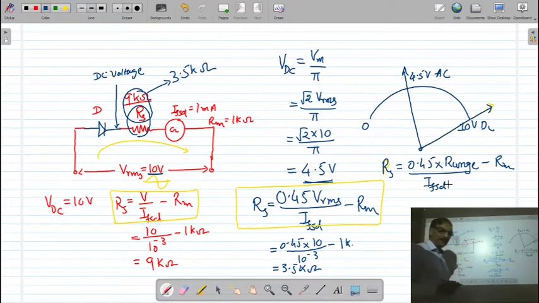Now remember that 1 upon IFSD is also known as the sensitivity of the meter. Already we have learned in first year.